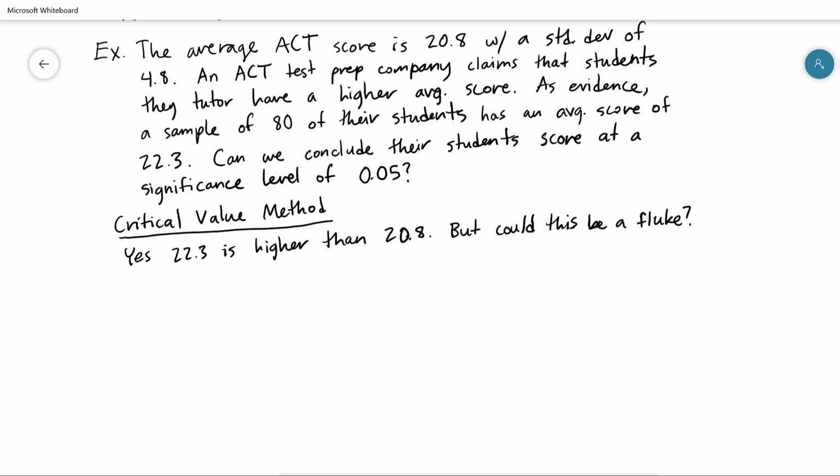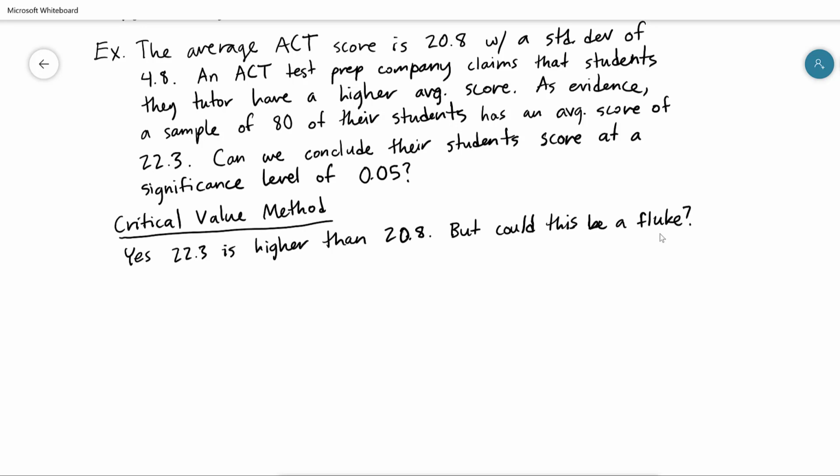If it's a very slim chance that this was a total fluke, then we'll be pretty confident that, yeah, their students do score better. This number's higher than this number because their students score better than the average student. But it's also possible that maybe we find out there's like a 50-50 shot that this was a fluke. And in that case, it's not very convincing evidence that their testing service improves scores. So that's going to be kind of what we're looking at.